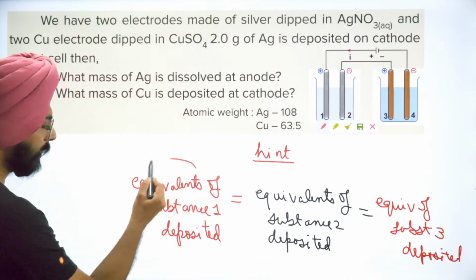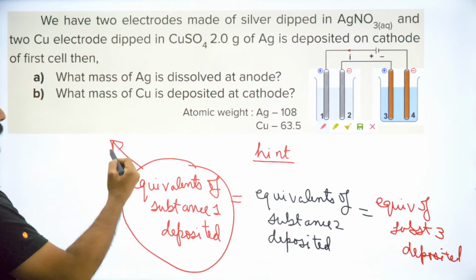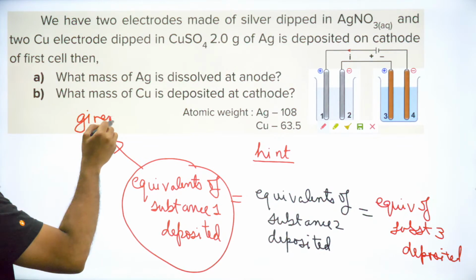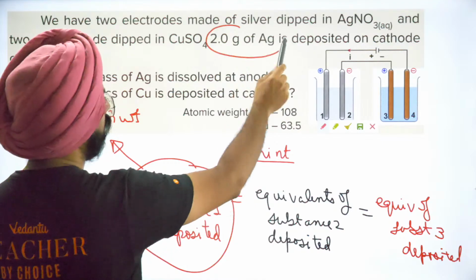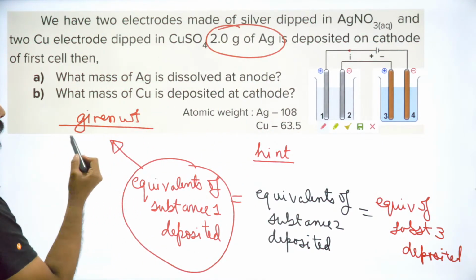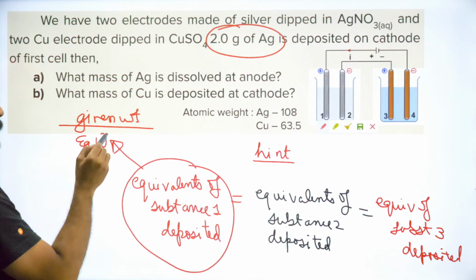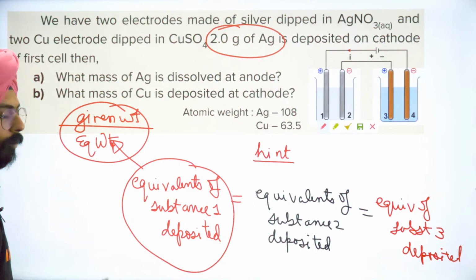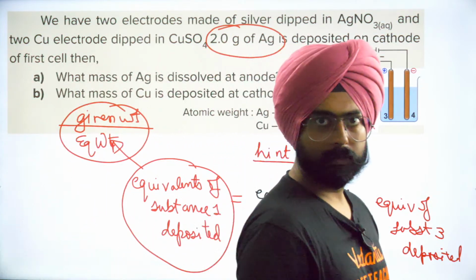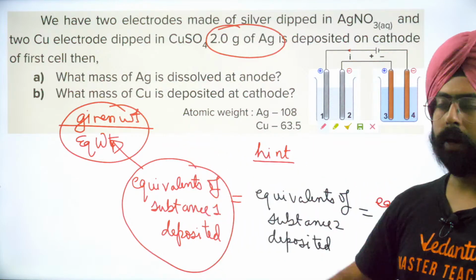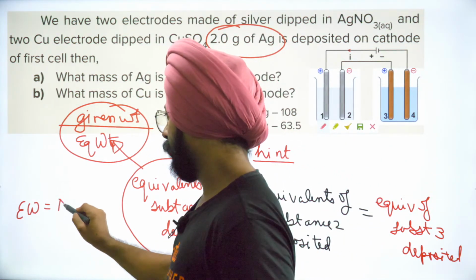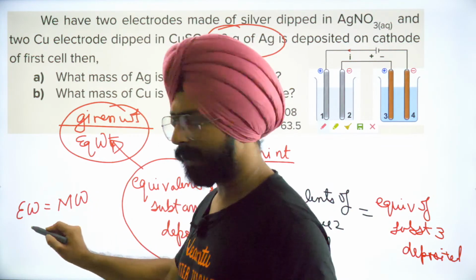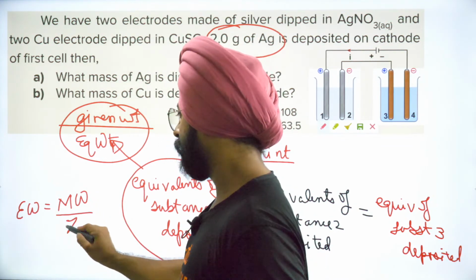How do we calculate the equivalence of any substance? We basically do given weight, which is given over here as कितना दे रखा है? 2 grams of silver है ना, divided by equivalent weight. That's all you have to do. Given weight upon equivalent weight, and I would remind you that equivalent weight is equal to molecular weight or molar weight divided by the valency factor.